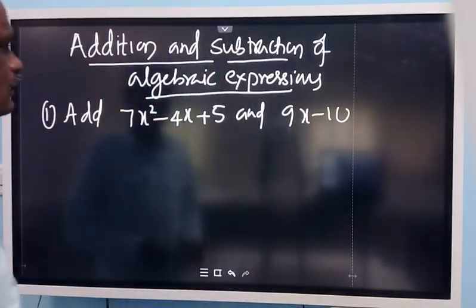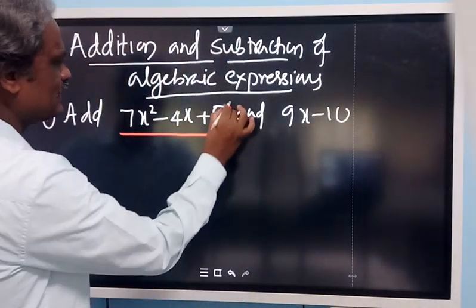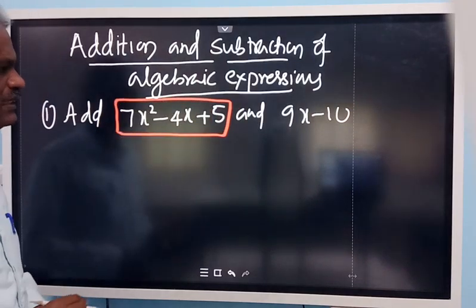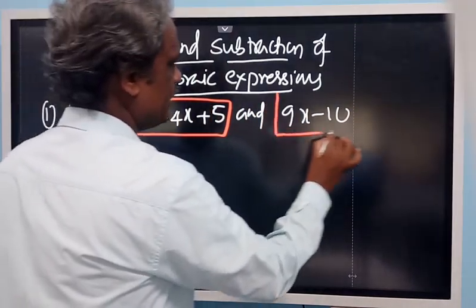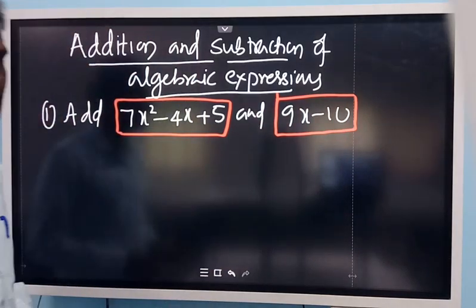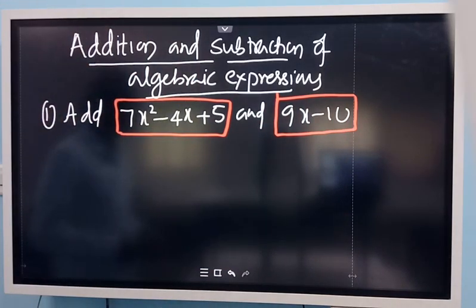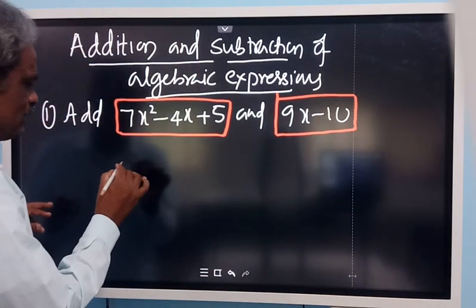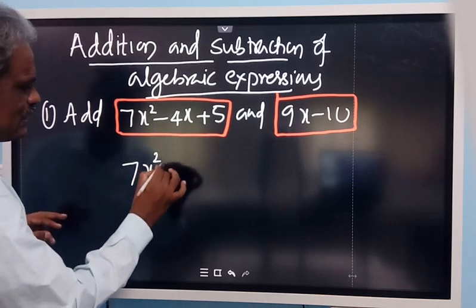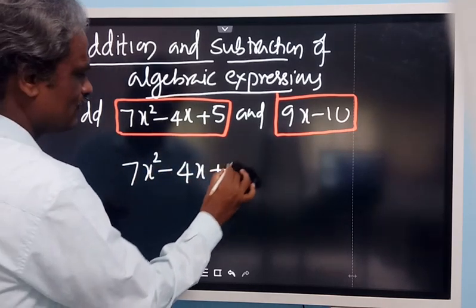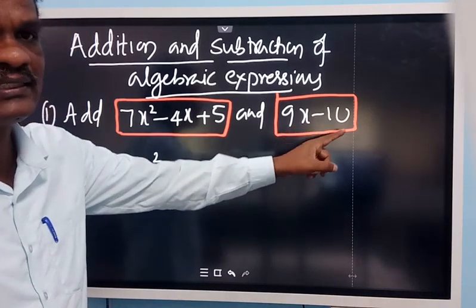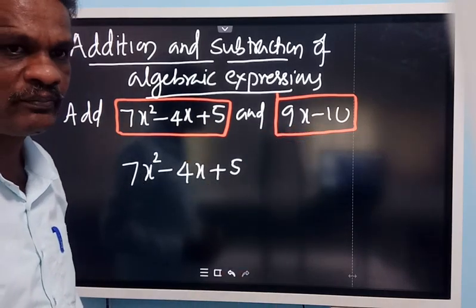So we have two expressions, 7x square minus 4x plus 5, then 9x minus 10. Let me write one below the other. 7x square I will write as it is, minus 4x as it is, plus 5. Then while writing 9x and minus 10, listen carefully.